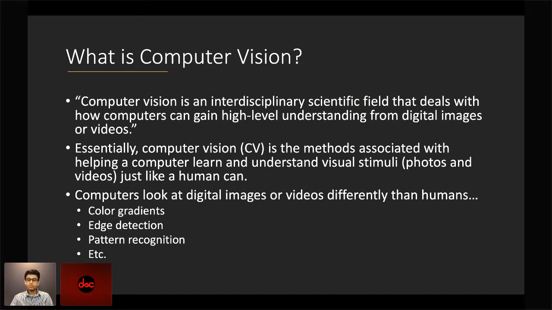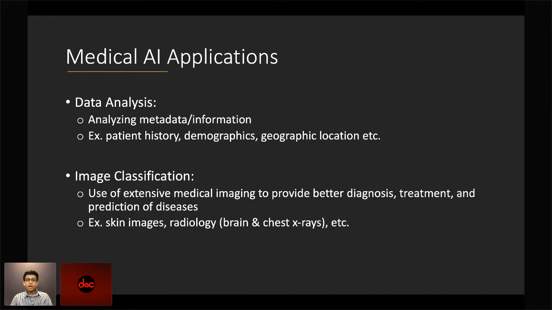In medical AI, there are a lot of applications using both general artificial intelligence and specifically computer vision. First, data analysis. This is just analyzing metadata or information to achieve some objective or goal. This metadata and information can include patient history, demographics, geographic location, and a lot of other factors.